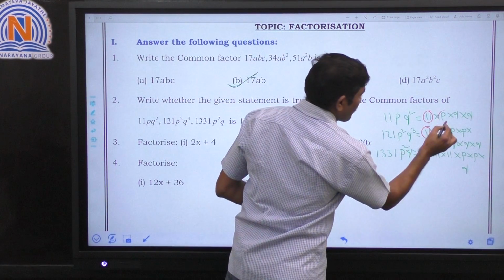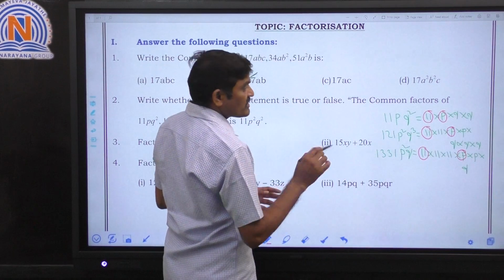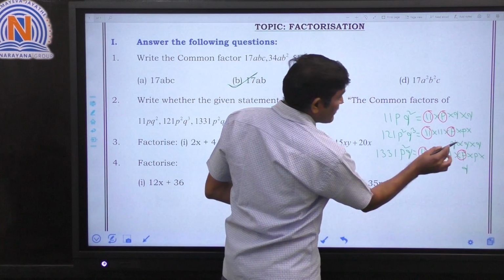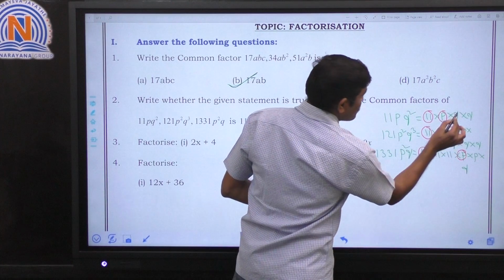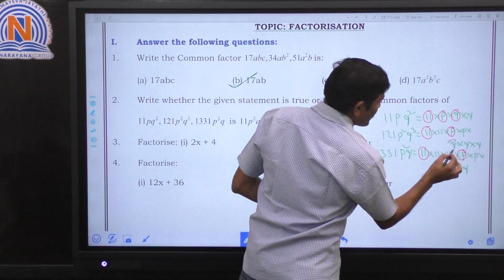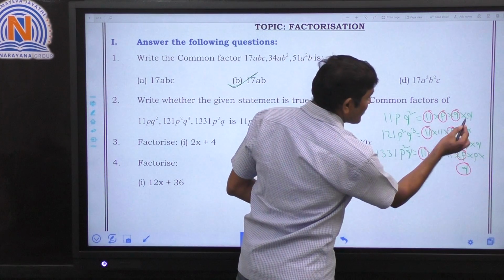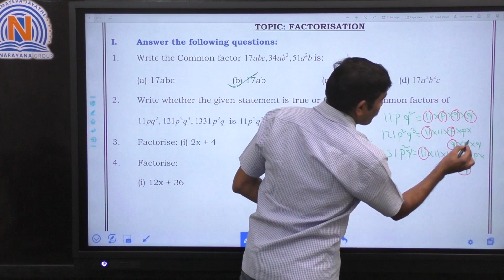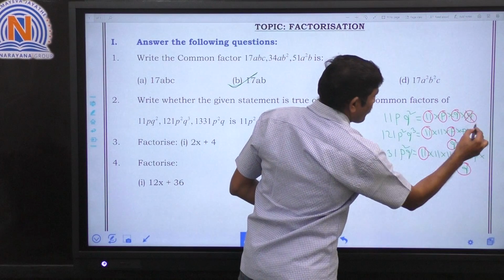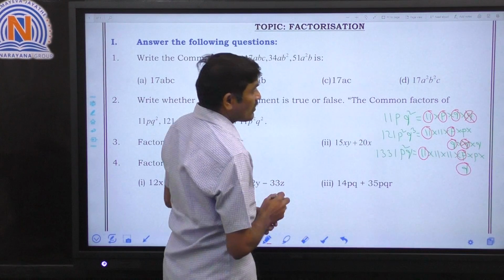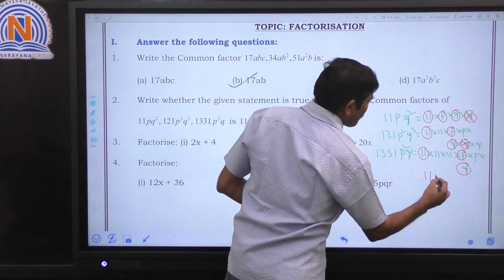Now coming to p, p is the common factor; p is there in the second and third terms, but in the first term there is only one p, so there is no more common p. Now coming to q, there is only one q common. So 11 into p into q, the common factor is 11pq.